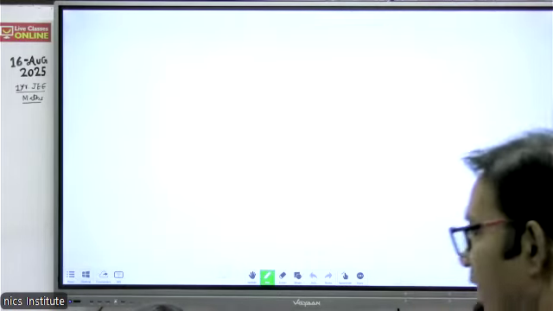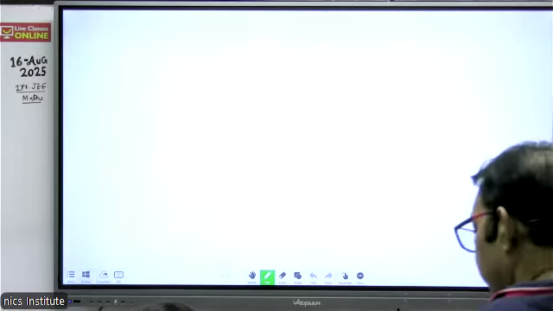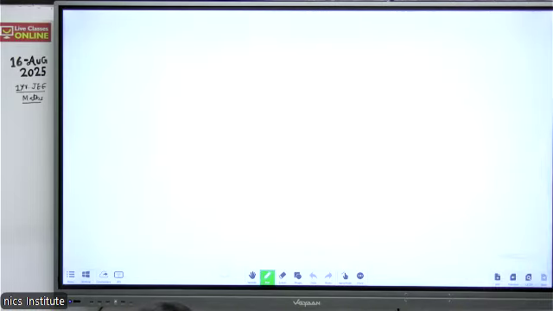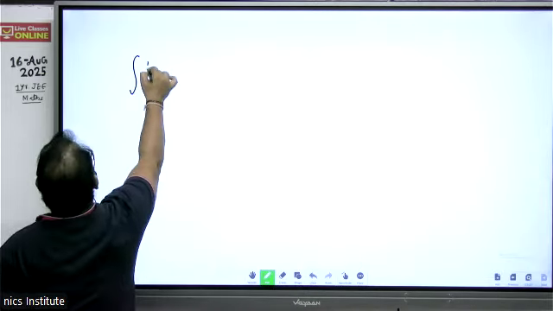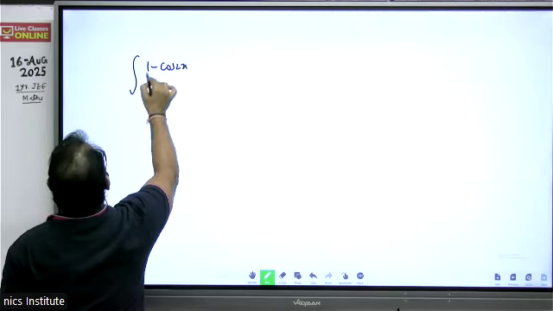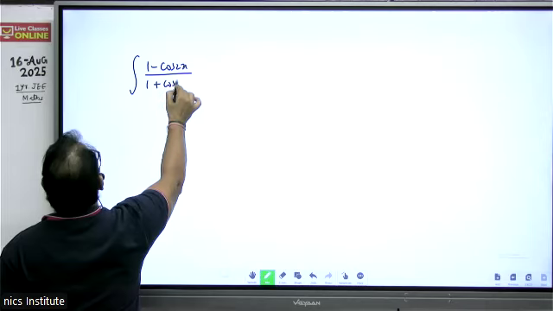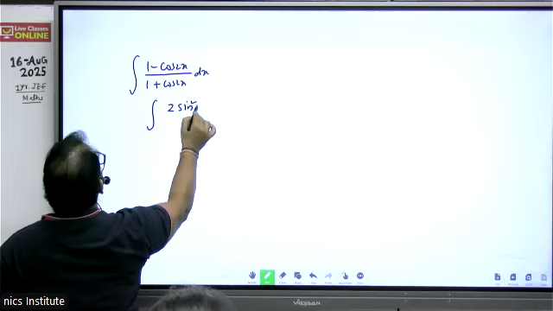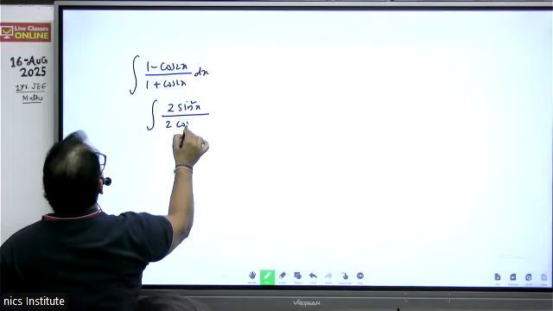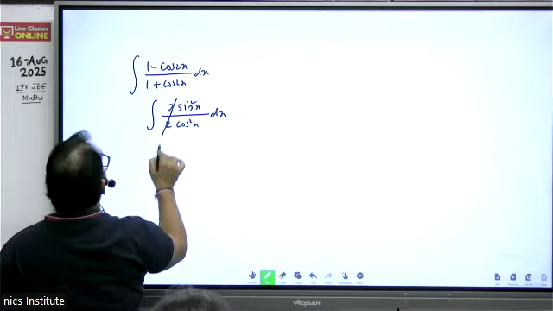Cos 2x is cos square x minus sin square x. Divide individually. This 2 sin square x, this 2 cos square x. Half angle formula: 1 minus cos 2x is 2 sin square x, 1 plus cos 2x is 2 cos square x. So 2 sin square x by 2 cos square x is tan square x.